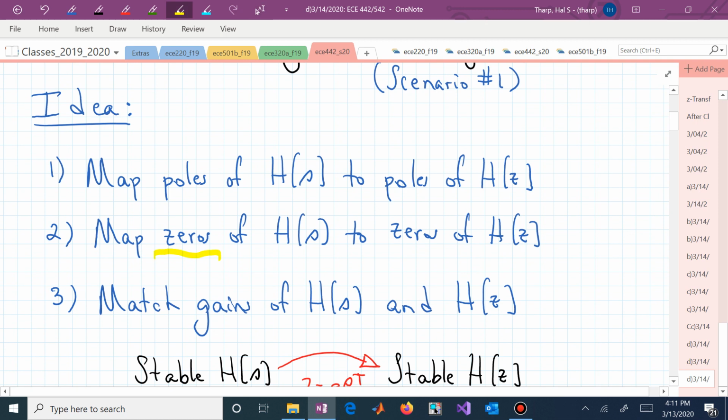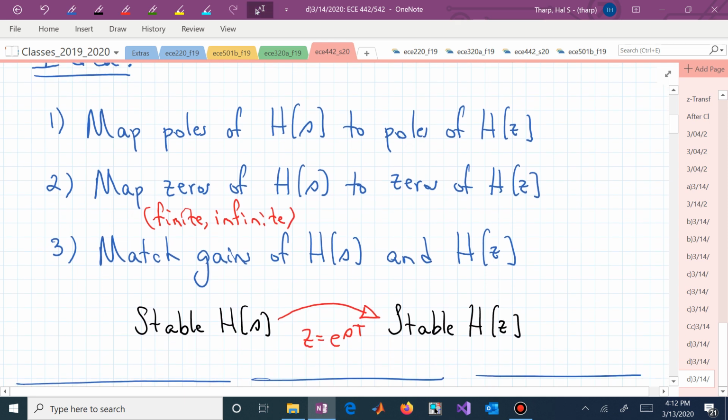So you map the zeros, both finite and infinite. And you may have a constant or some gain in the H of s expression. You'll want to now match that in the H of z expression.